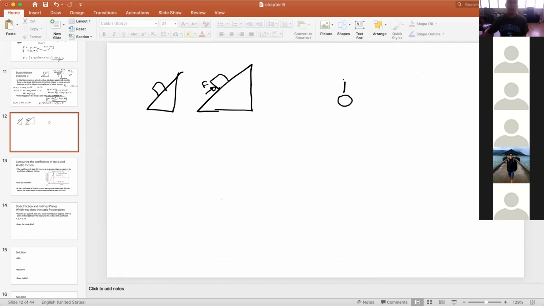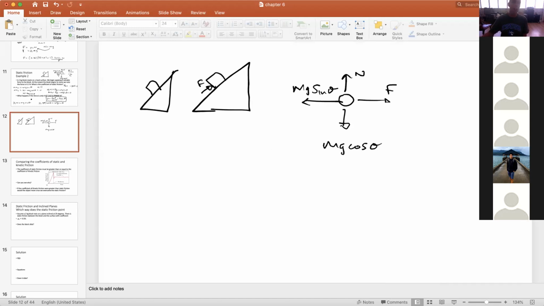If I draw this normal, mg cos theta, mg sine theta, force, which way is my static friction going to go? That becomes a problem.